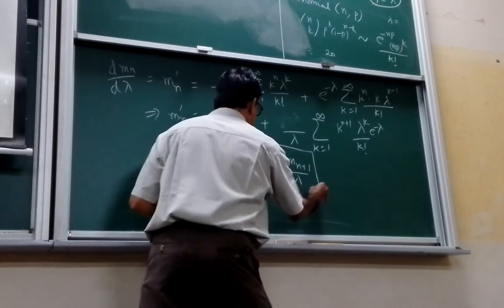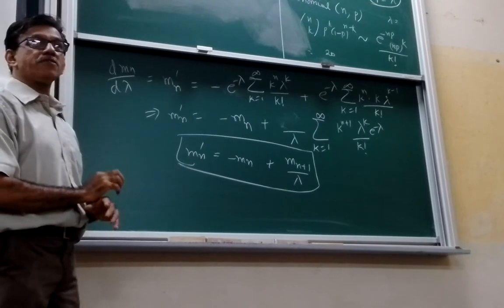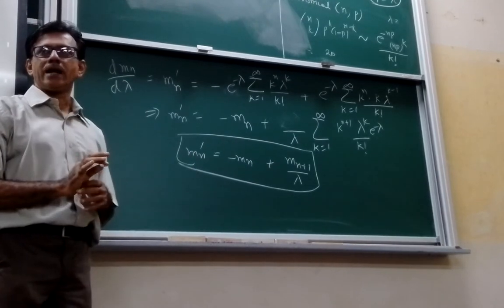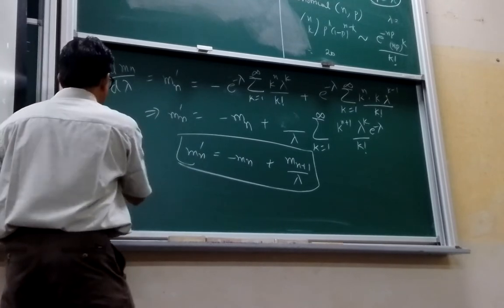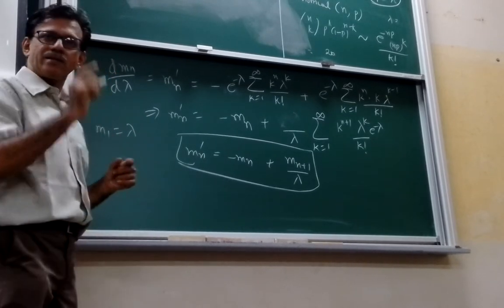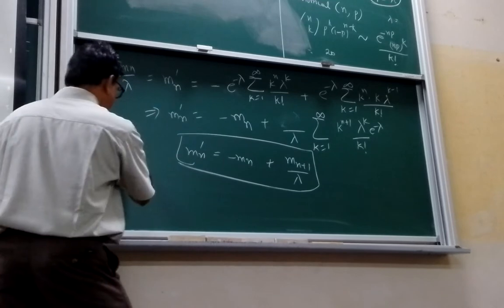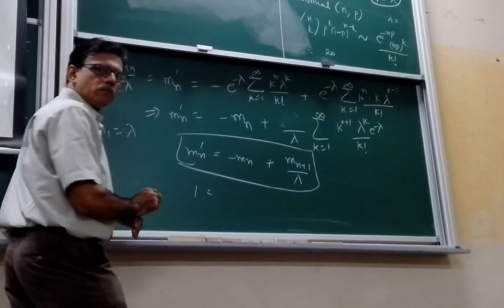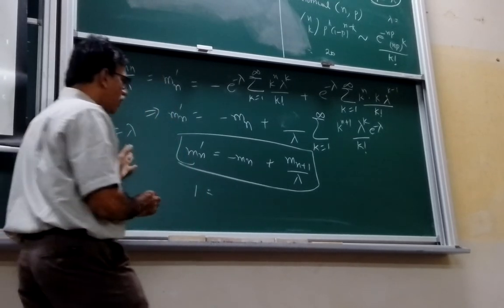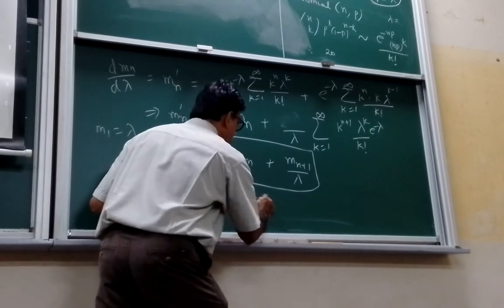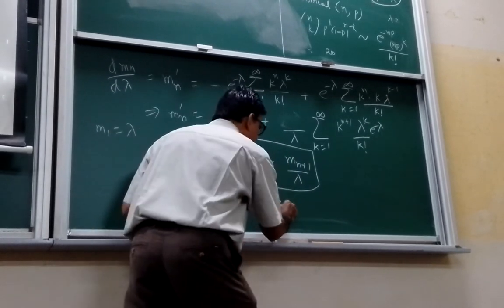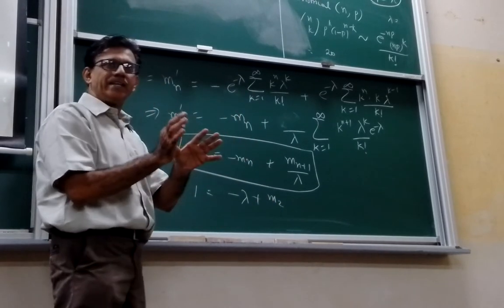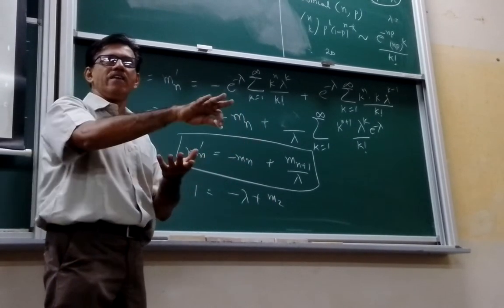So this is a recursive relation for the moments of the Poisson random variable. We know m1 is equal to lambda. The first moment is lambda, so its derivative is 1. Lambda by lambda is 1, minus lambda plus m n plus 1, which is what we are looking for, that is m2. Everything we are doing is to get m2, the second moment, and then the variance.